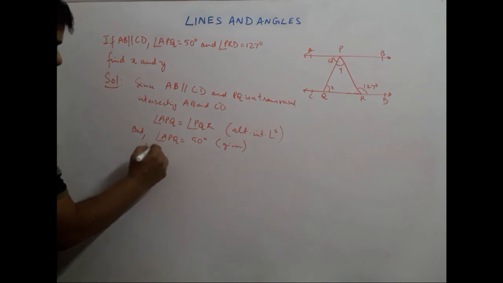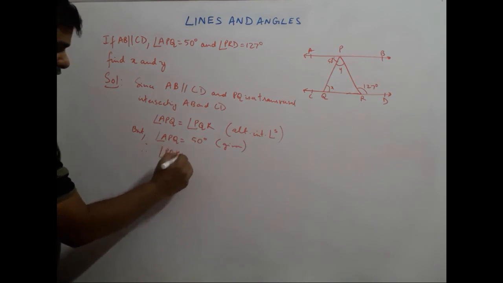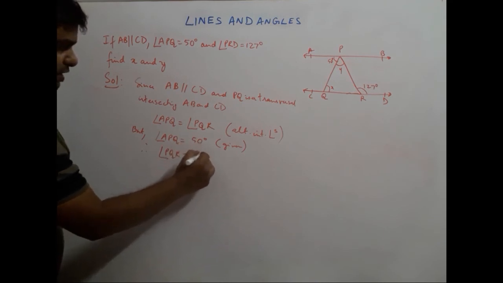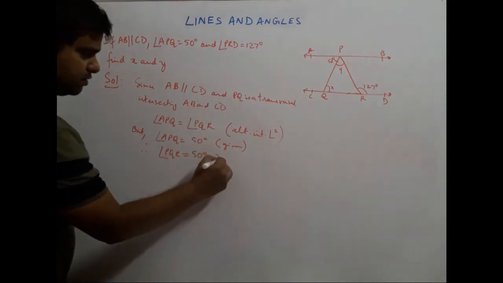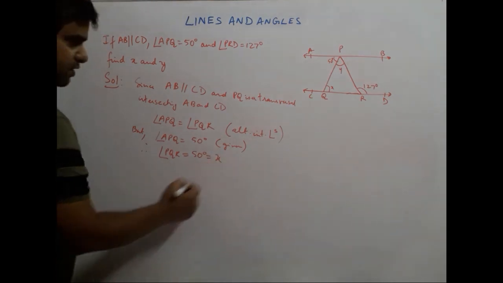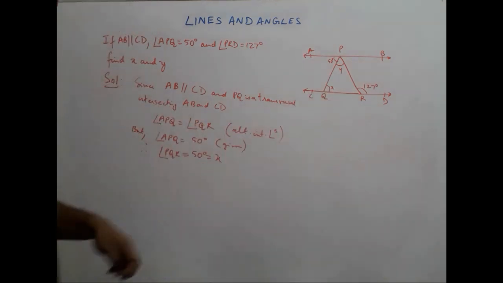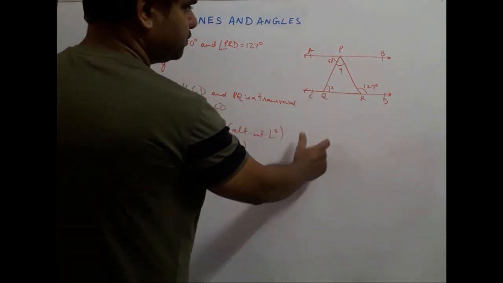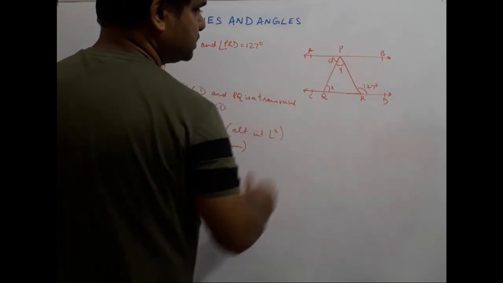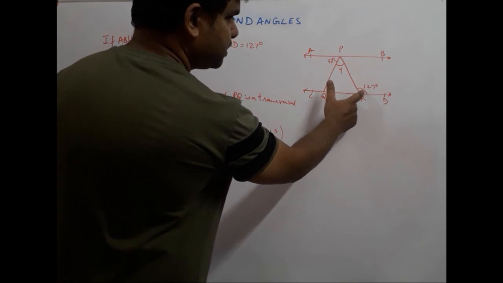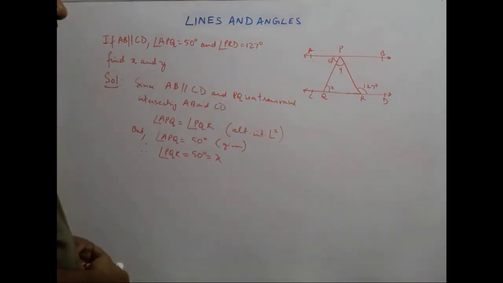So therefore we can say angle PQR is equal to 50 degrees, which is equal to X. PQR is nothing but X, we have been given that as X. So we find X. Now that we found X, we need to find Y. So how do we find Y? For that we'll take the other angle that we have been given.